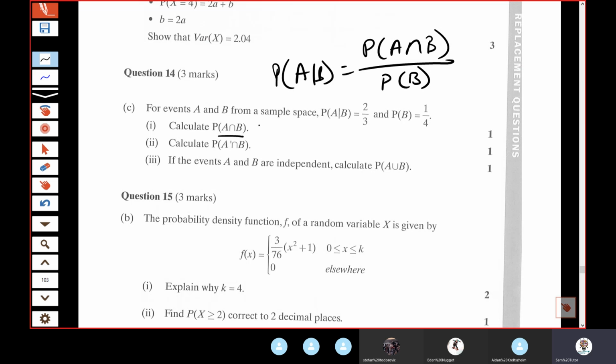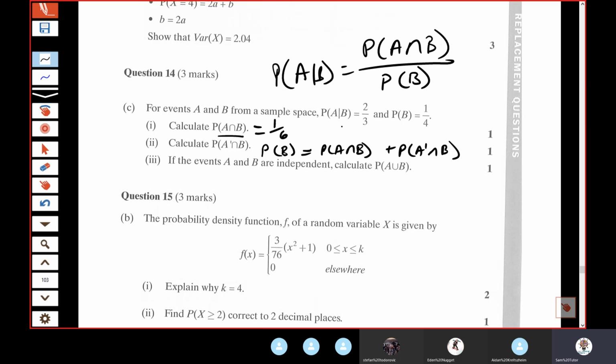Okay, what was the answer for I? We said 2/3 times a quarter, which is 2 over 12, 1 over 6. What's the probability of not A and B? Remember, probability of B is probability of A and B plus the probability of not A but including B still. Correct?